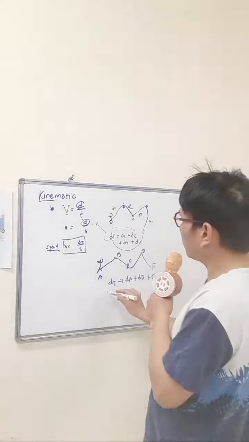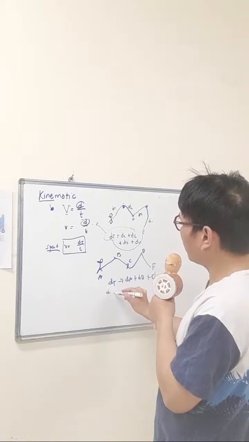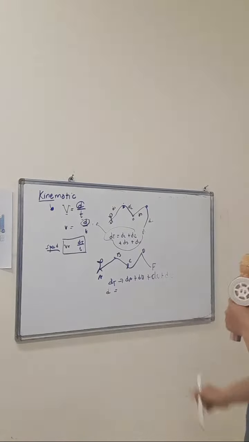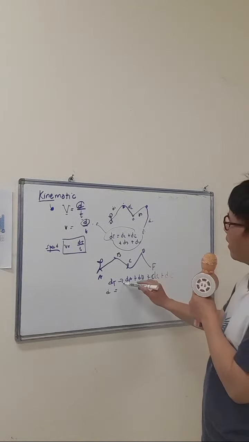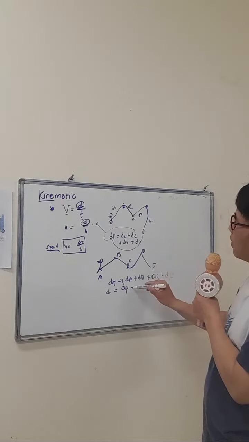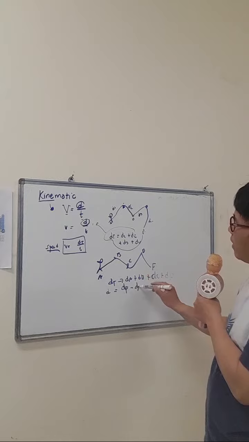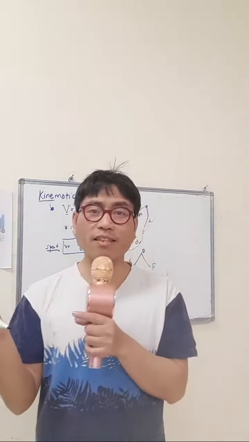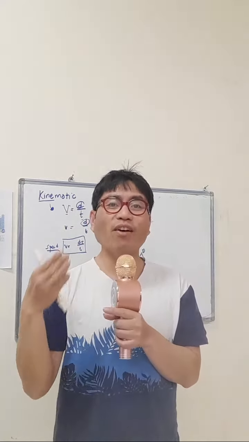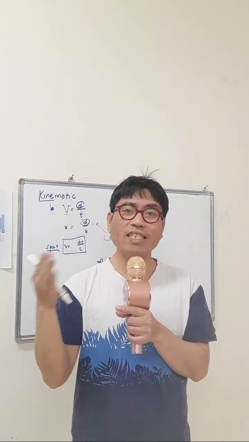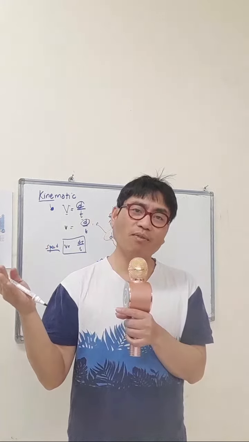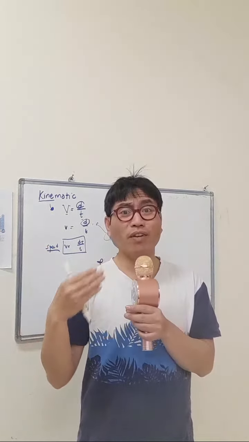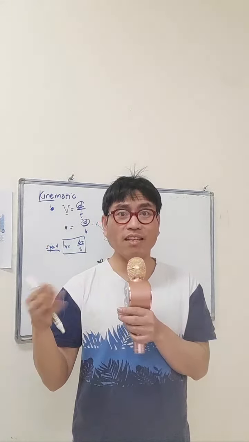Okay. Now in the displacement, it is not like that. Your displacement will only be the final position F minus the initial position A. So meaning to say, in your displacement, you are only measuring the final and the initial position without covering the in-between distances. So this is very, very important, how to differentiate between velocity and speed.